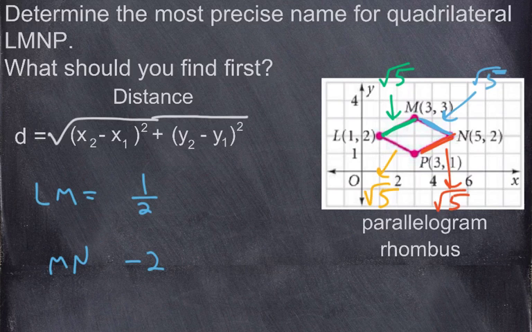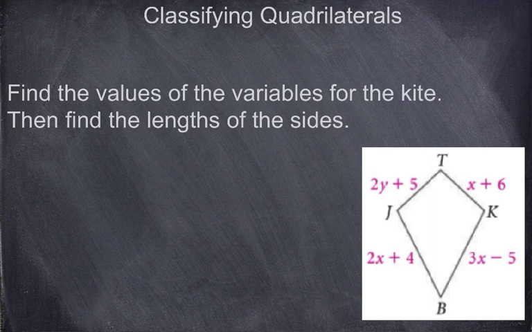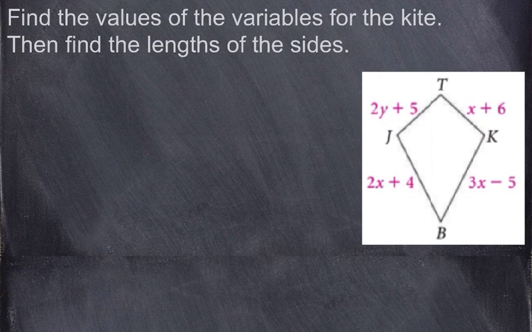Alright, let's do the next problem. Here we have now a kite. Okay, again, the thing about the kite is that we have two pairs of congruent sides. That's the thing you have to keep in mind with a kite. So these two sides will be congruent to each other, and these two sides will be congruent to each other. So therefore, we just set their values equal to each other.